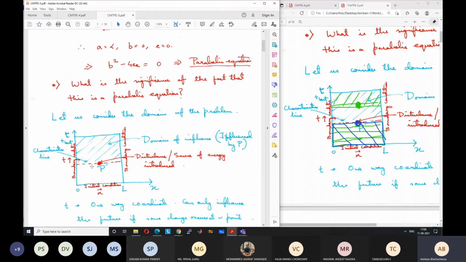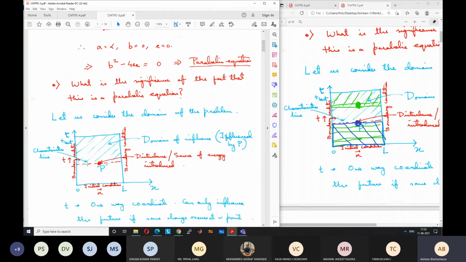It is just a hypothetical demarcation between the two. So the domain of influence and domain of dependence are touching each other. It is like a hypothetical line which is just dividing those two domains. It is not a separate domain. It is called the characteristic line. A line does not have any thickness, right? So it is just all the points that are present along this direction.